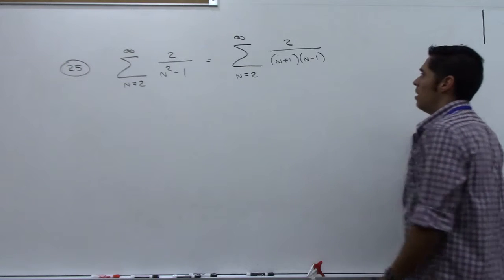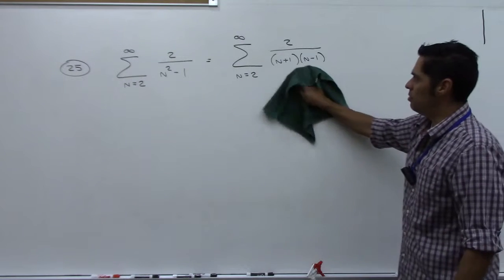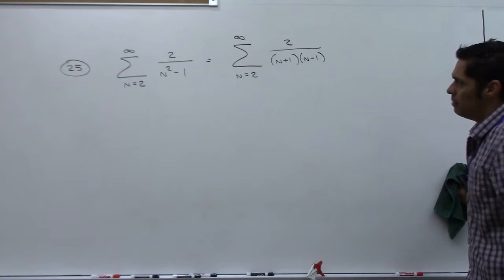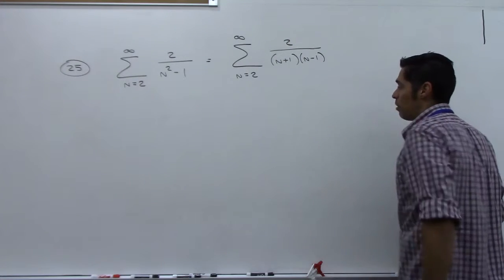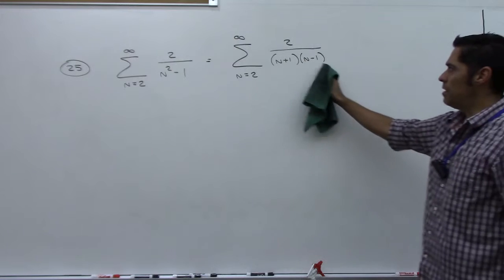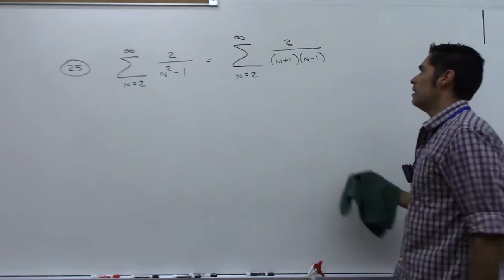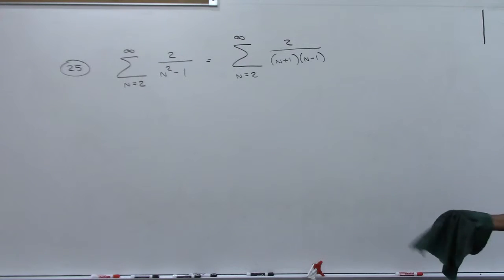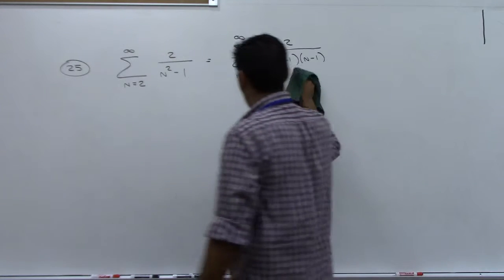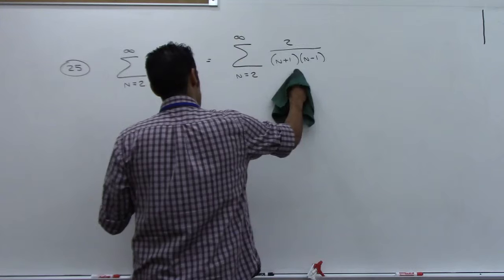Now, I cannot split this up into two different series, you know, one with 2 over this and 2 over that, because you can't work with fractions that way. Each one of these by themselves is linear, but multiplied together is quadratic. So we're still not going to get harmonic that way. But what we do is we go back and we realize, oh, wait a minute, we could do a partial fraction decomposition on that.